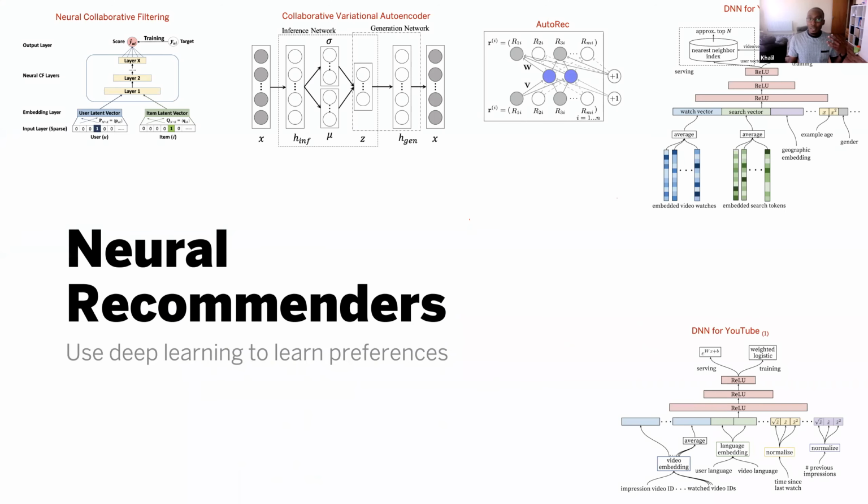And to move that forward, to accommodate different sources of information, a new branch of recommender systems was started, which is the neural recommenders. If you've been paying attention to the news, you'd find that every now and then the buzzword is artificial neural networks. What these neural networks are good at is automatically learning how to represent items.